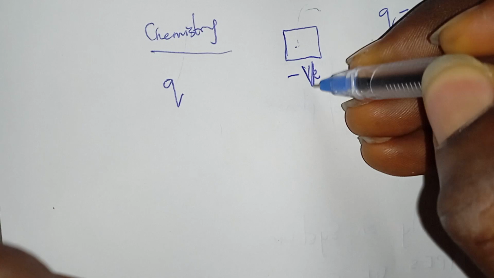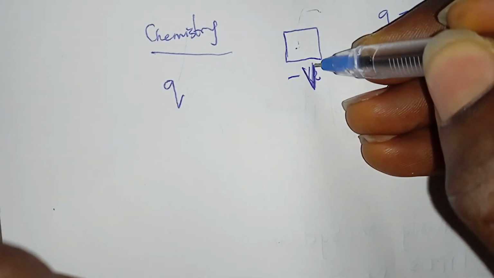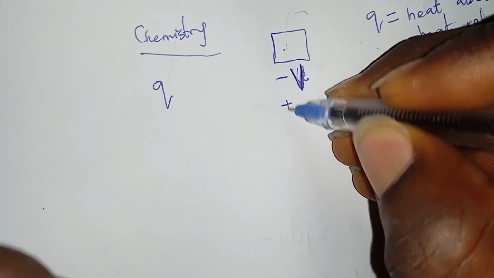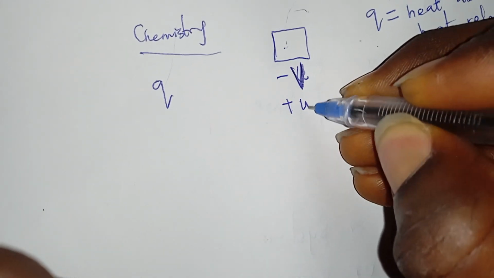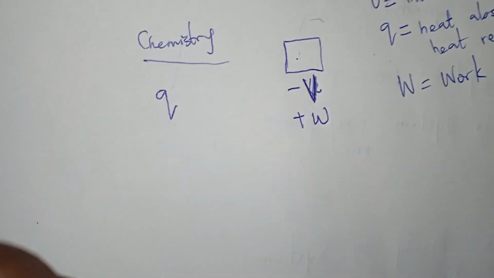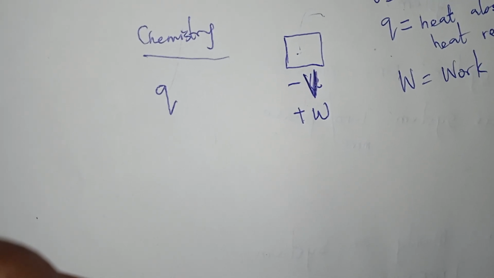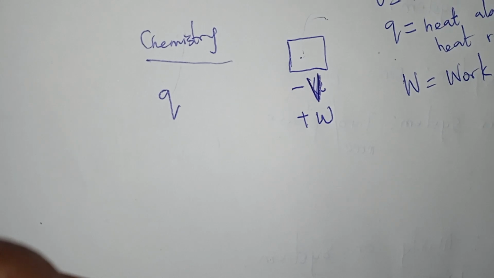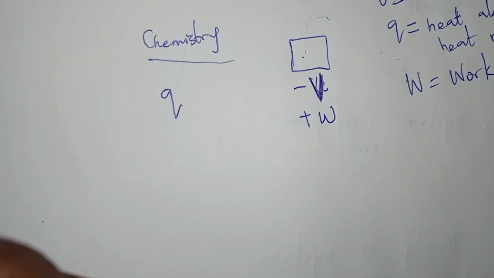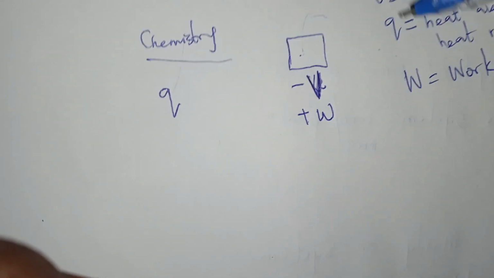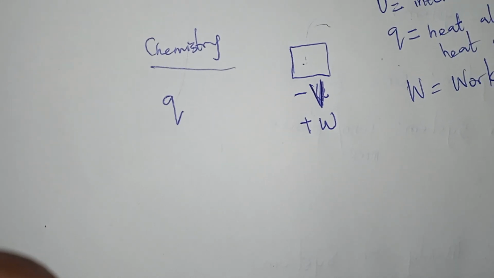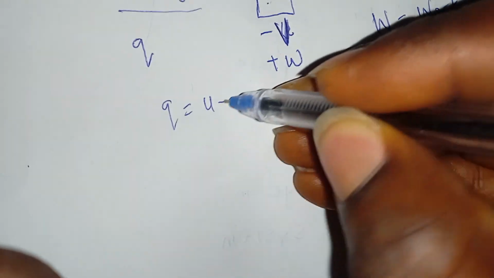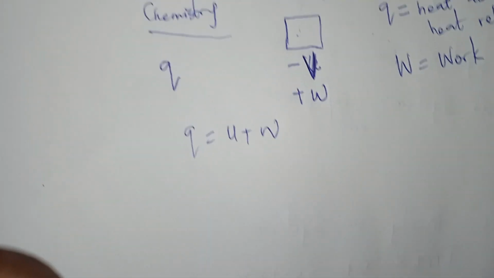The volume will be negative, it will be compressed, but because you're doing work on it, the work is positive, it is gaining. So when a question says energy was absorbed, that means work is positive. Whenever volume is negative, work must be positive. So Q equals U plus W for absorbed.